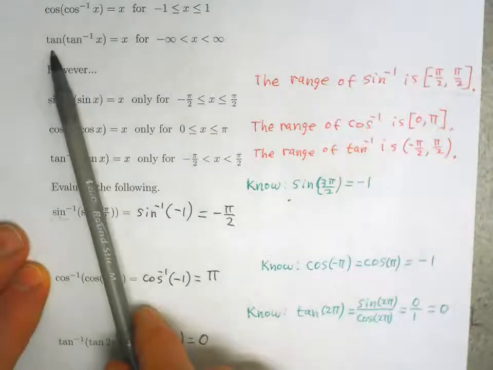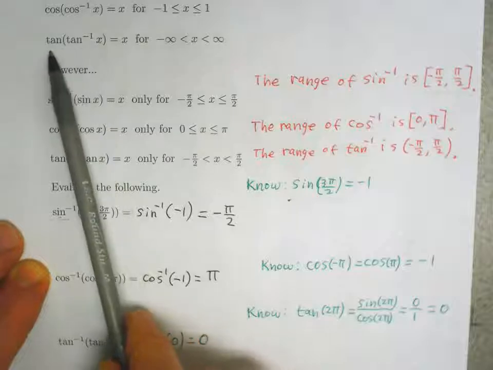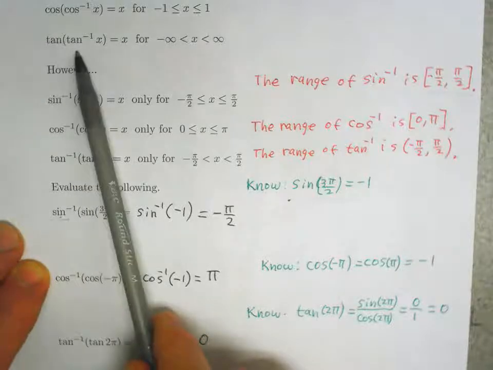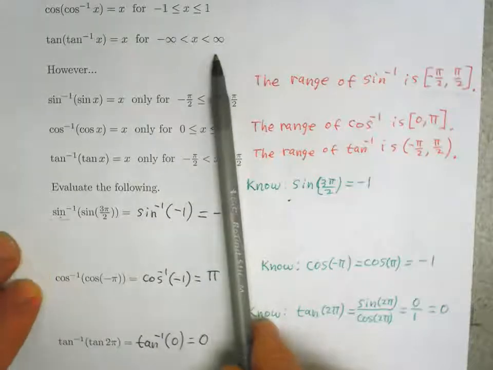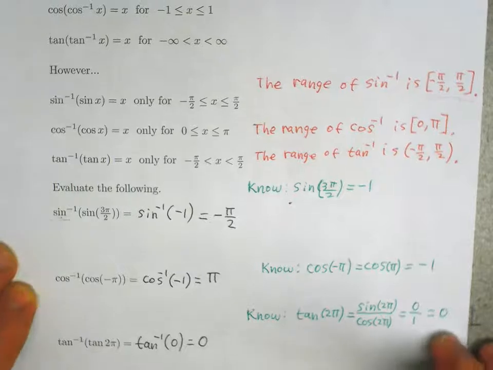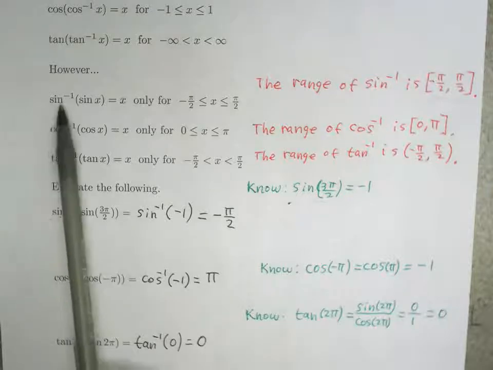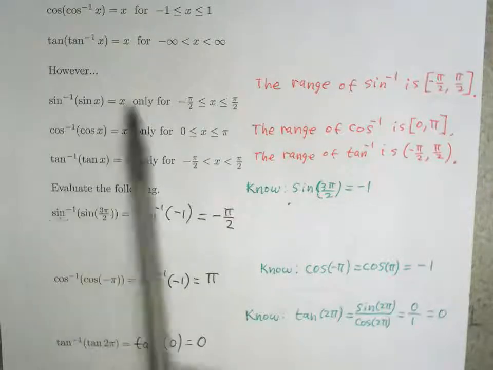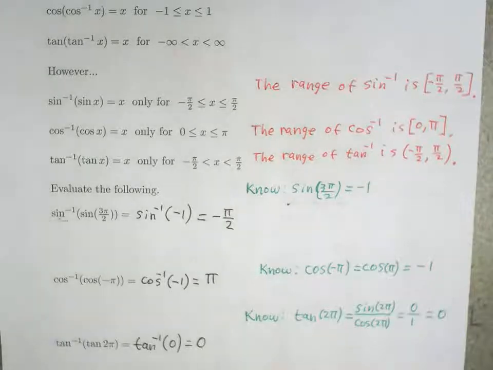And if the outer function is tangent and the inner function is inverse tangent, then the tangent of the inverse tangent of x equals x for all x between -infinity and +infinity. But when the inverse function is the outside function, that's where you have to be careful, as we saw in those 3 examples.